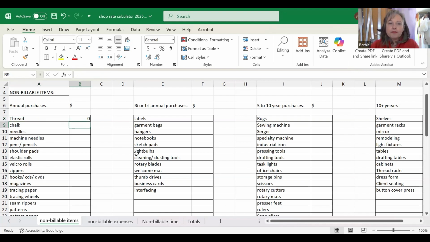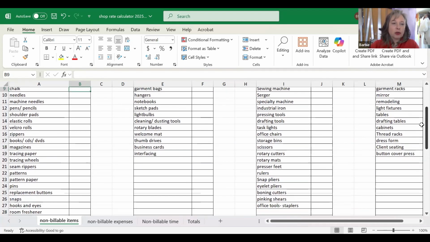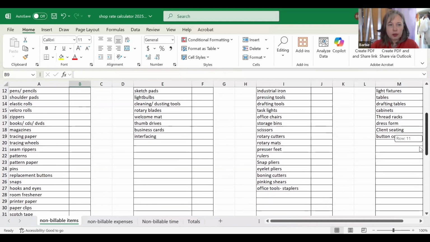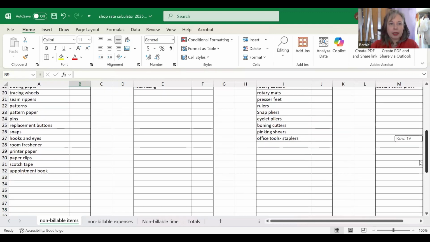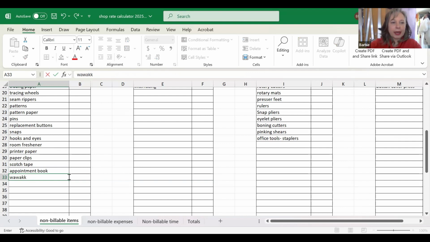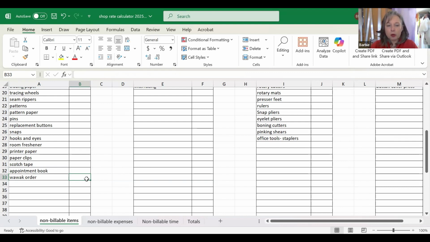Now, the other thing that is more practical, especially if you order all of these items from a single source, for instance, 75% of my thread and chalk and snaps and buttons come from Wawak. So I can just add in a total for my Wawak order.